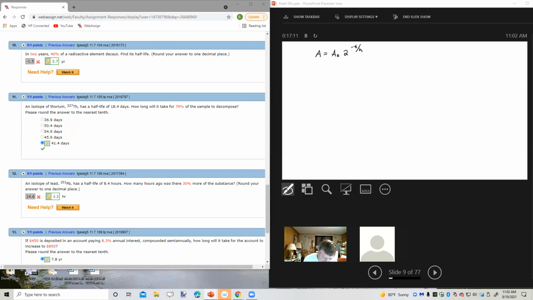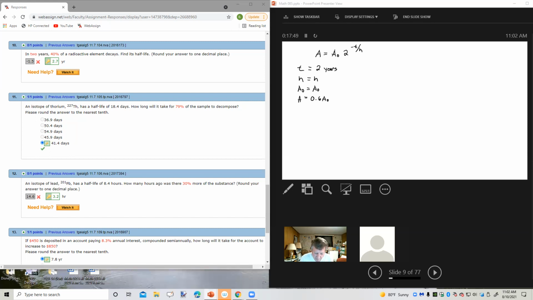And let's see, we've got T, H, A sub 0, and A. 2 years is the time. The half-life is the unknown. We don't know what the original amount is, so we say it's A sub 0. It says 40% decays. So that means 60% is left. So A, the final amount, is 60% of the starting amount. Are you okay with where I got the 60%?